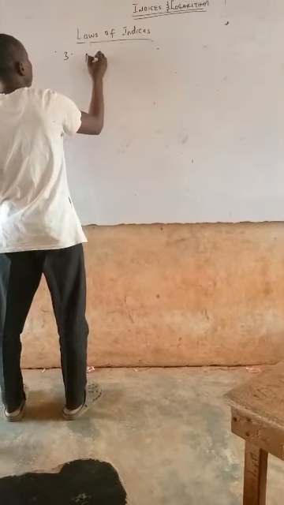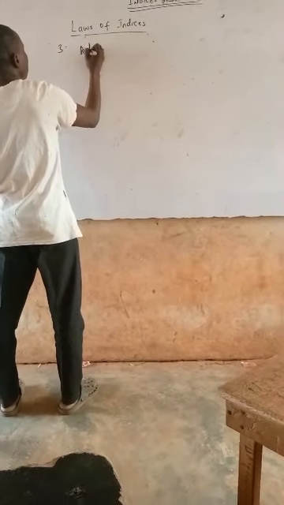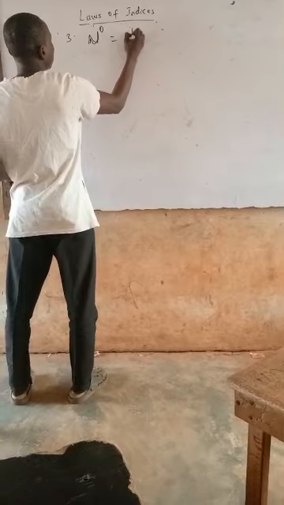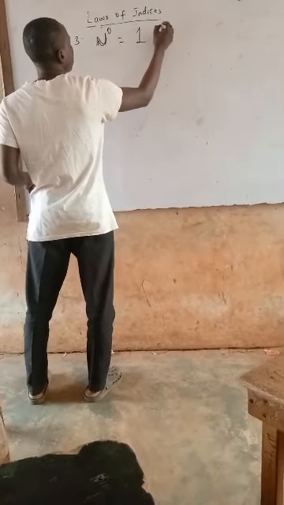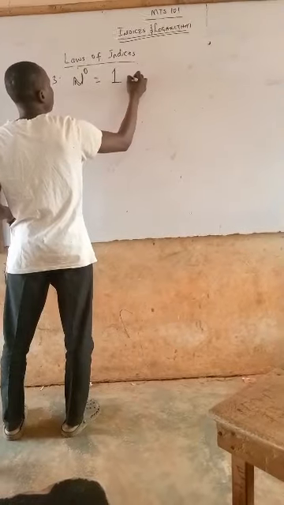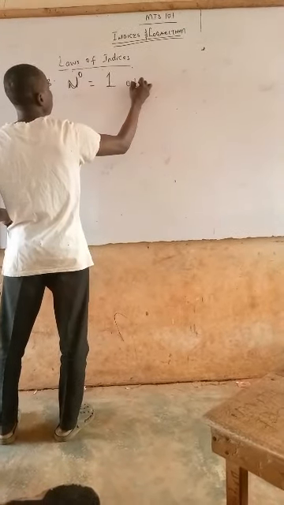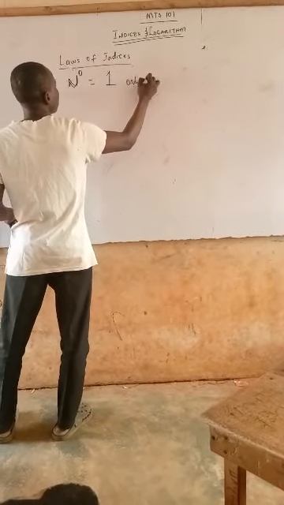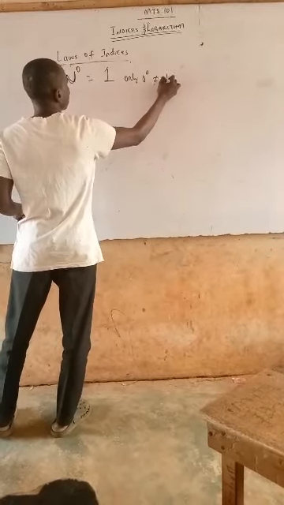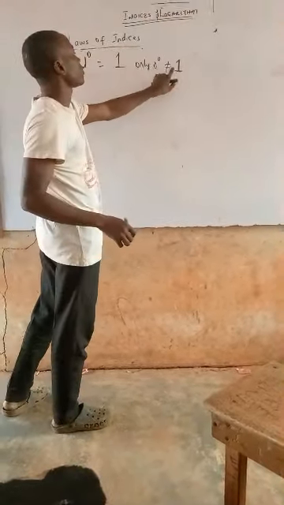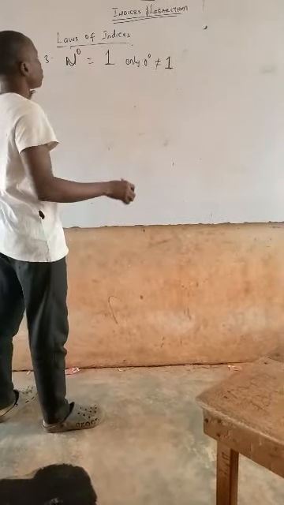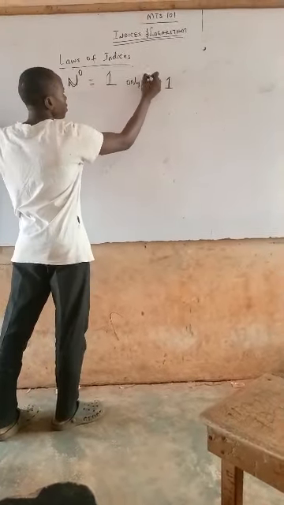So let me say any natural number raised to the power of 0 is going to give us 1. Take note, 0 raised to the power of 0 cannot give us 1, but all the natural numbers except 0 will.